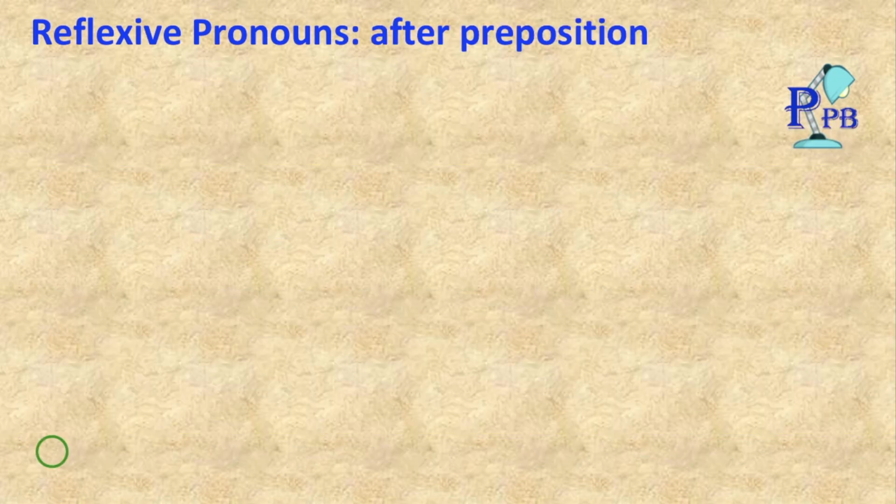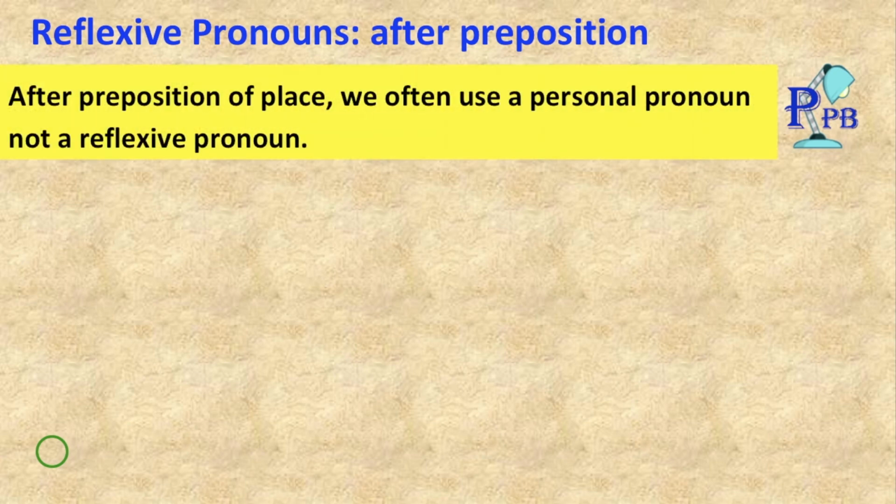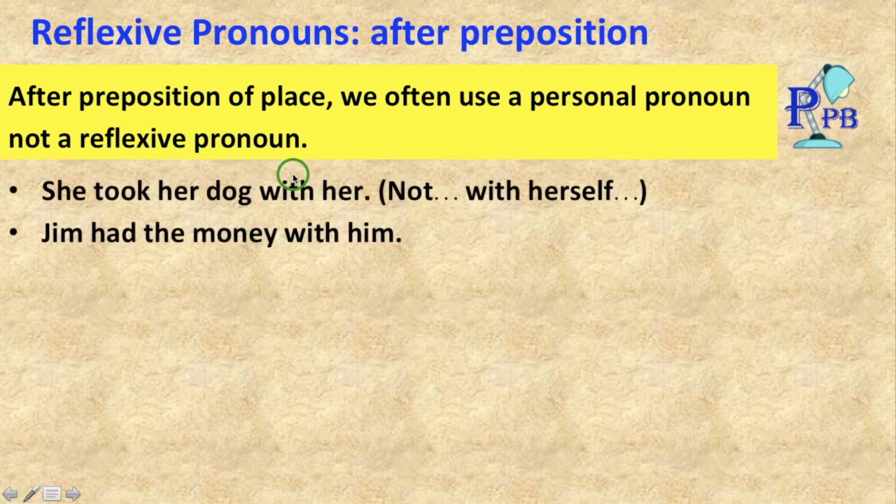Reflexive pronoun after preposition. Now let's see how we use or don't use a reflexive pronoun after a preposition. For example, after a preposition of place we often use a personal pronoun, not a reflexive pronoun. Here are the examples for you.